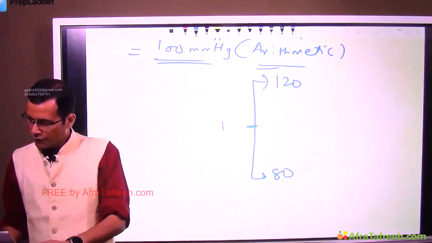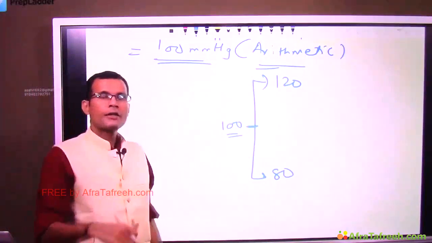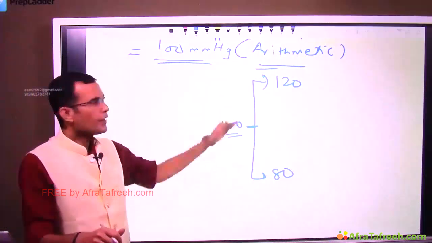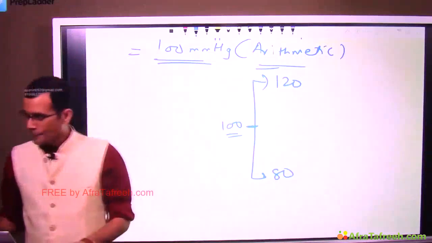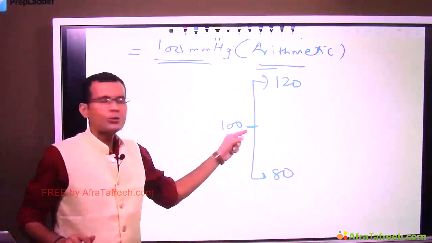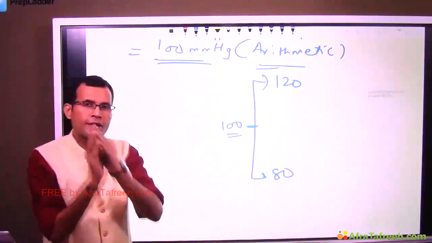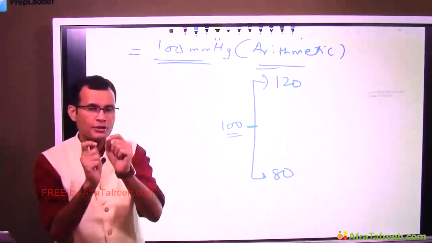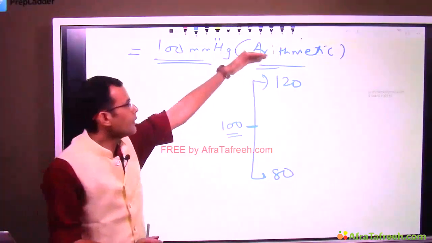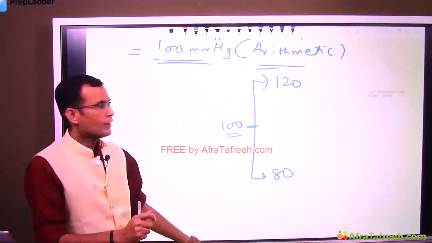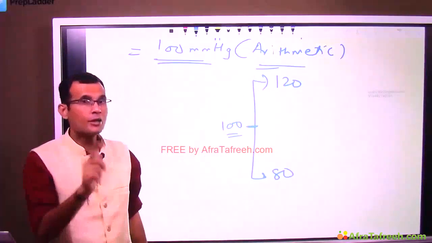The mean or average is 100, and the calculation was 120 plus 80 upon 2, that's 200 upon 2, and that's 100. How do you reach this 100? 100 is the exact midpoint. When we say mean or average, it's the exact equidistant between 120 and 80. It's the exact midpoint of the systolic and diastolic blood pressures.